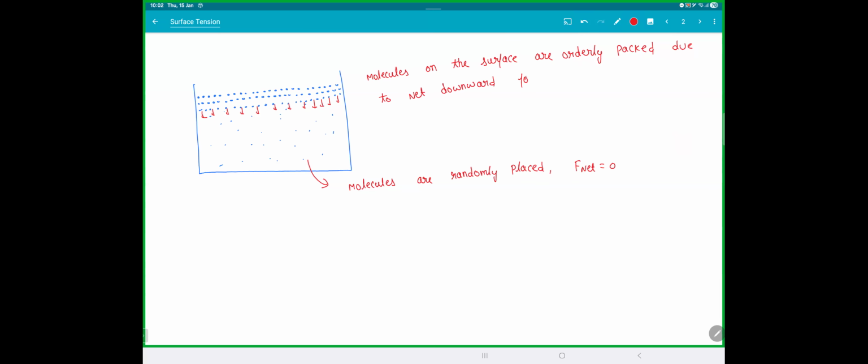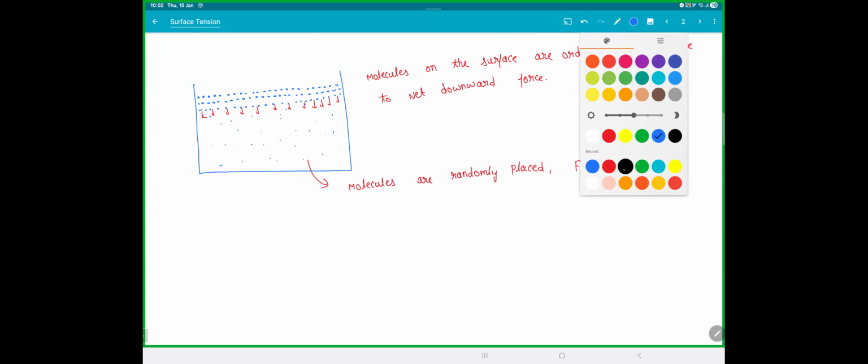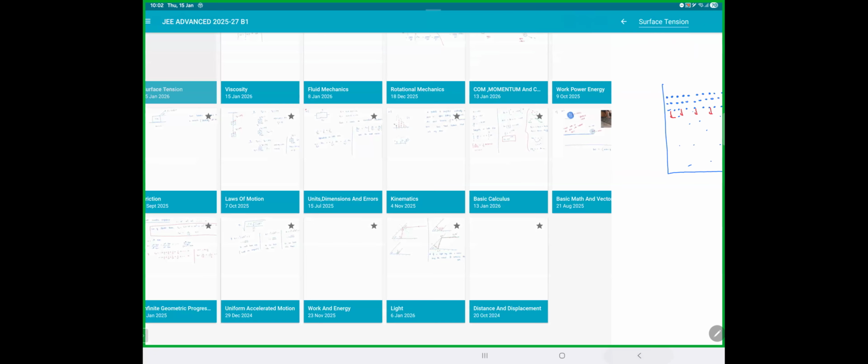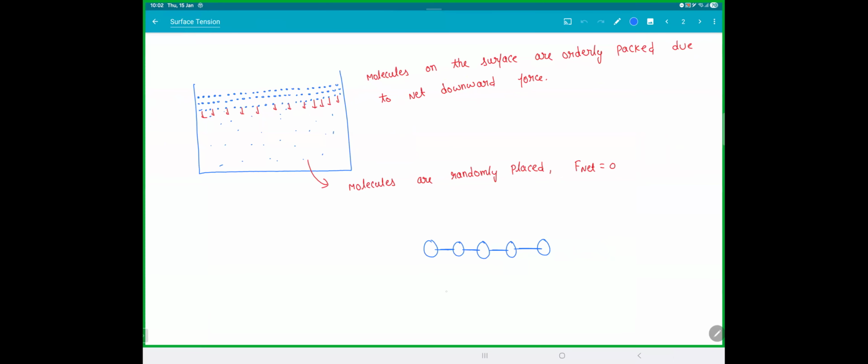So if you actually see at a molecular level, this is how it looks. Think about it. So these molecules are like this. Now, when I say like this, actually they're having a small bond here. Think of it like this. People are standing in a line with their hands holding. Let's say you and your friend are holding hands like this. So people have formed a human chain like this. That is how the molecules behave.